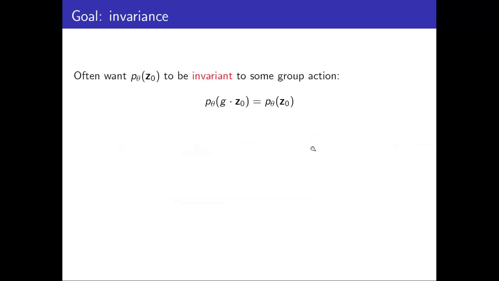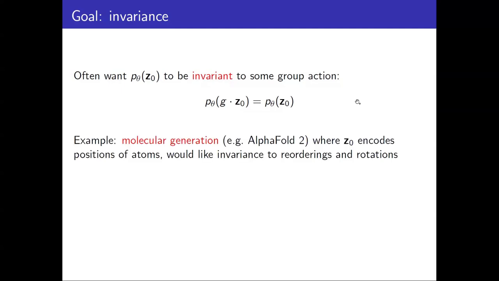The reason you want that is because when you do that, you can show that the ultimate model of your data that you produce is invariant. This comes up, for example, in modeling proteins or molecules, because if you rigidly transform your distribution over molecules, that should make no difference to the distribution of molecules that you get. You want it to be invariant with respect to rigid transformations in that sense. As I say, this was used prominently in the AlphaFold model, AlphaFold 2, and in a bunch of other applications as well.